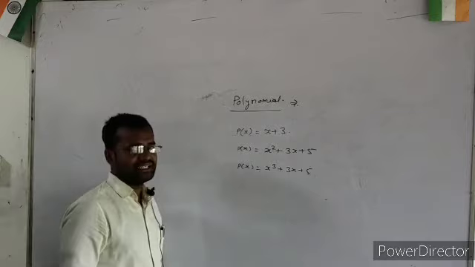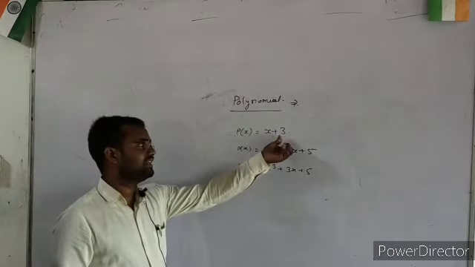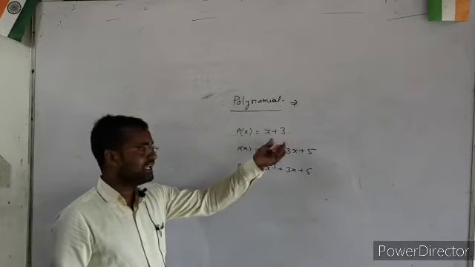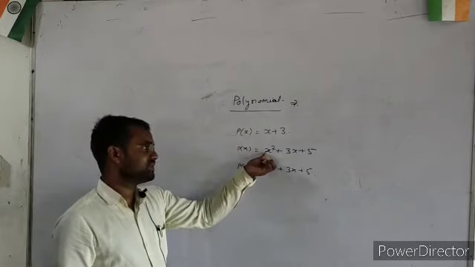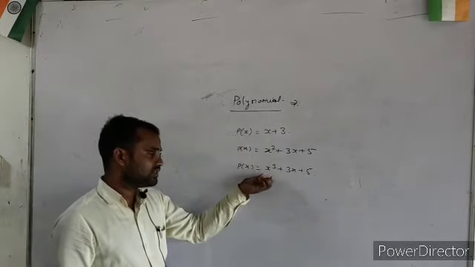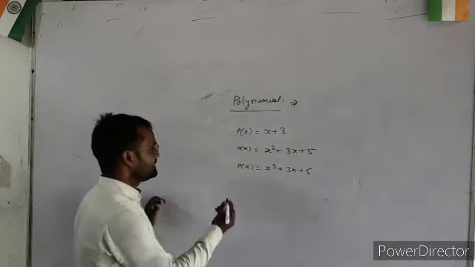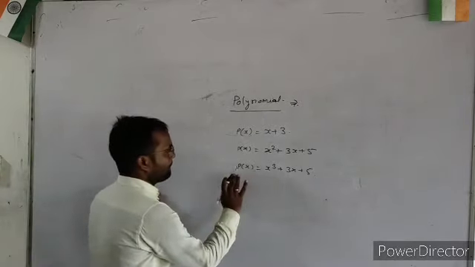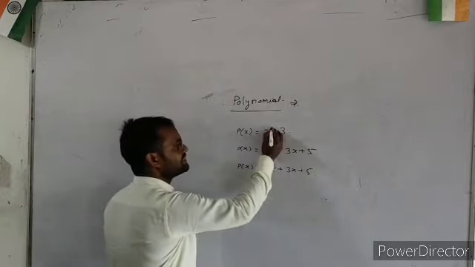We will see that here we use the variable x and the constant 3. In the second polynomial, here we use the variable x square, that means the variable is what here? x. And here also we use the variable x. Now students, in this case, suppose we see that the degree of x is 1.